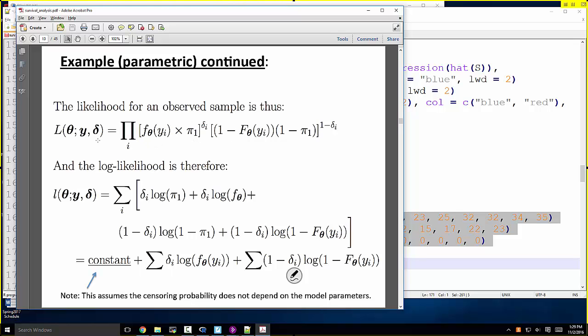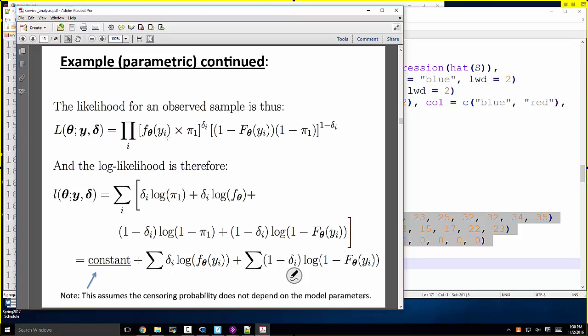So we'll see this a few times going forward. The likelihood for right-censored data is a product of two pieces. For individuals who were observed at a specific time Y_i, it's a density. For individuals who were censored, it's 1 minus a CDF. And then by raising each of these pieces to either delta or 1 minus delta, we automatically turn on or off the appropriate pieces in the likelihood calculation.